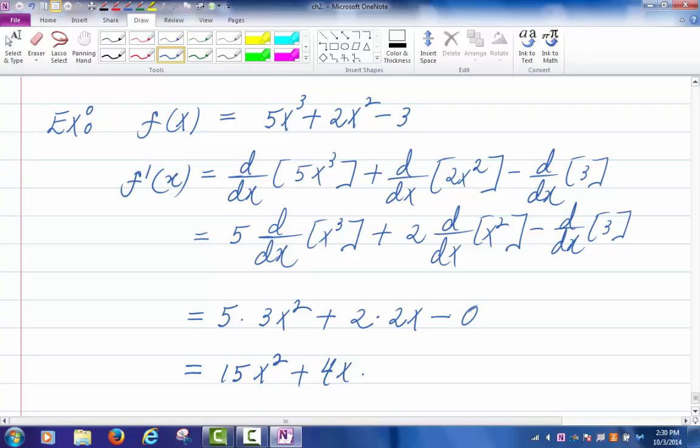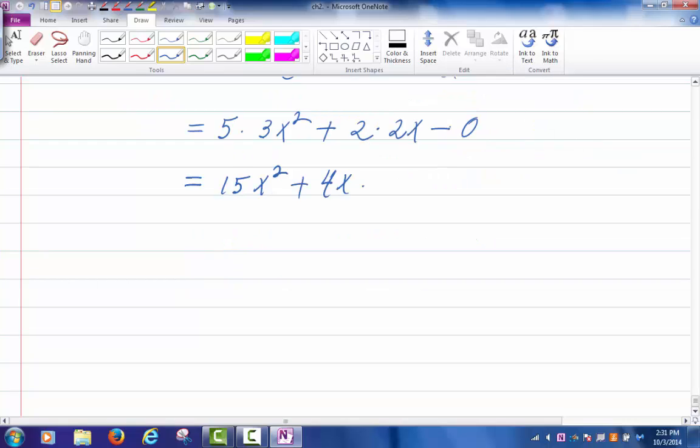The reason I wrote them is to show how Formula 1 and 2 are applied. Is everybody clear? So once again, if you have a sum, you can take the derivative of one term at a time, and anytime you have a constant factor in front of a function, you can factor it out and take the derivative of the rest of it.